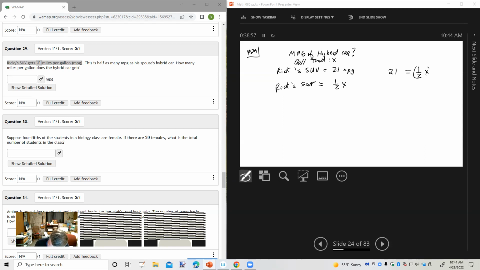We're going to multiply both sides by 2. So 42 equals X. So the hybrid car gets 42 miles per gallon. And here, if I click on that, you can see 42 miles per gallon. Any questions on that one?